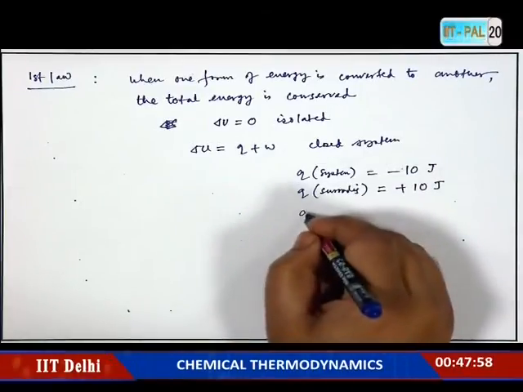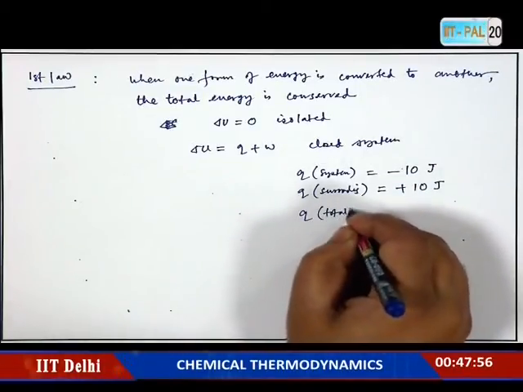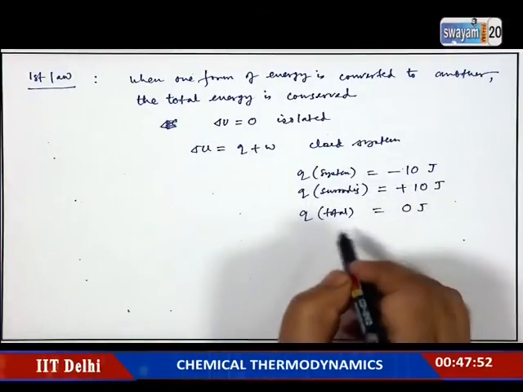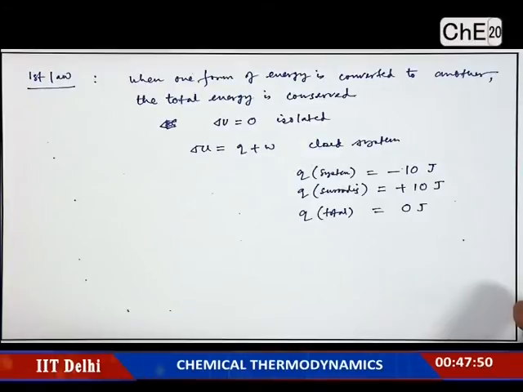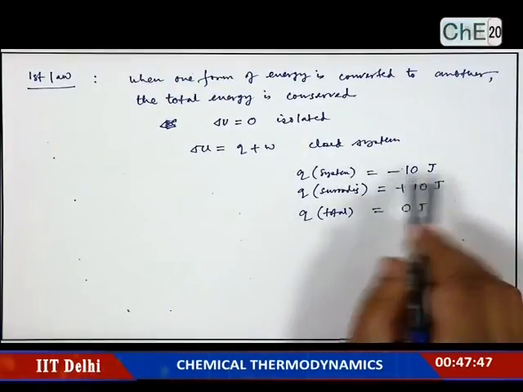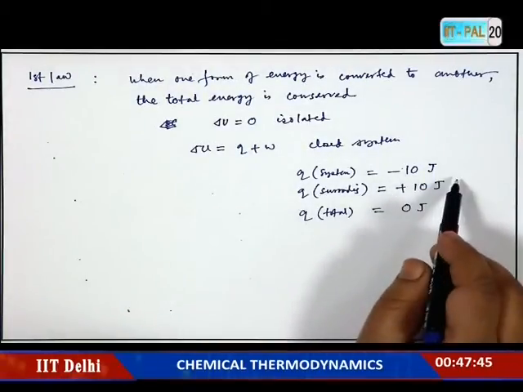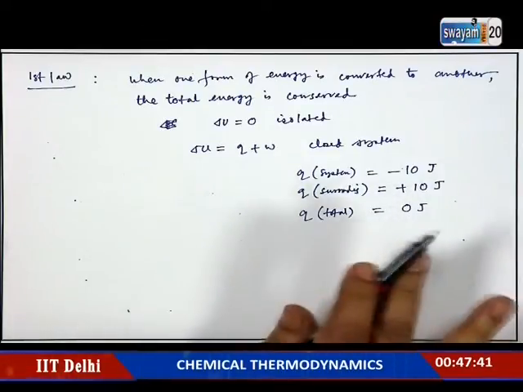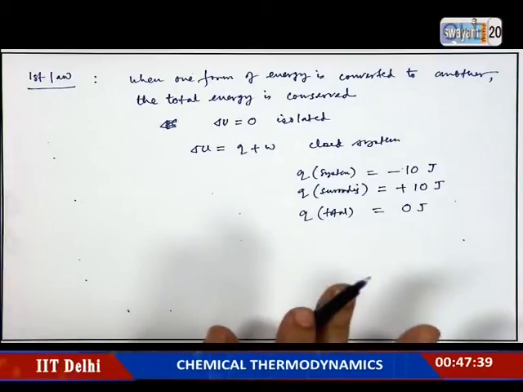So, total Q will be 0. Basically no energy is created or destroyed here, only 10 joule of energy got transferred to the surroundings. This is exactly what the first law says.